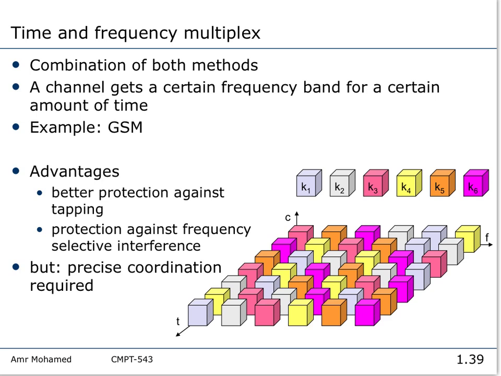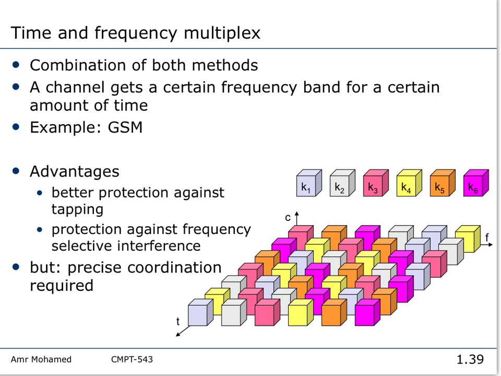Right? So by default, interference is selective. Is the point clear? Some frequency ranges will suffer deep fading. Some frequency ranges may not suffer a high level of interference and so on.